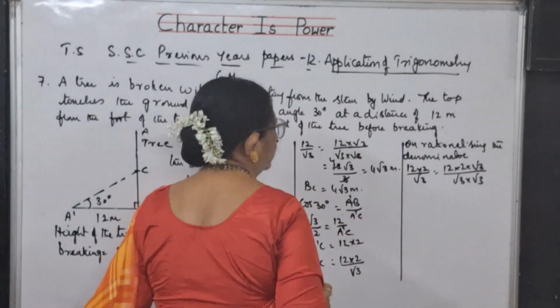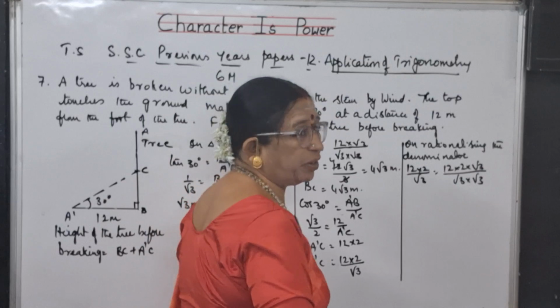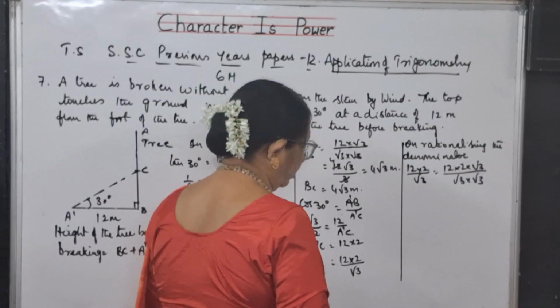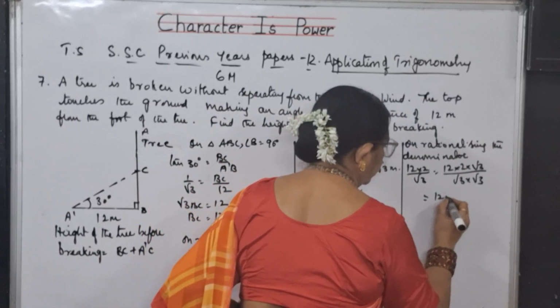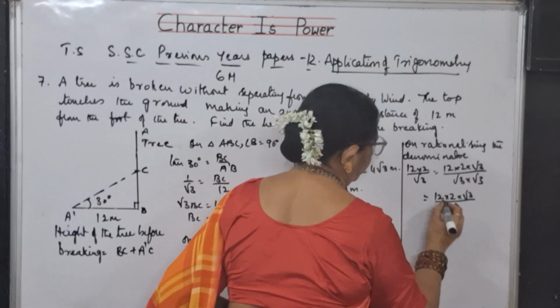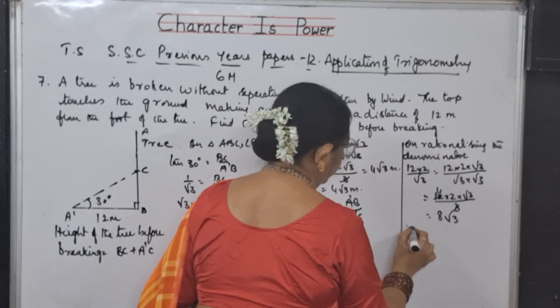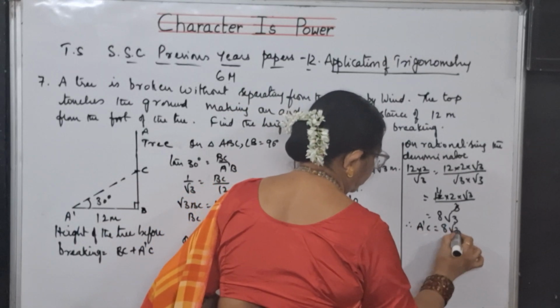I can take it as 24, but if you do like this, it is a very simple way to solve. That is why I have not multiplied and made it a big number. So this can be written as 12 into 2 into root 3 by 3. 3 ones are 3, 3 fours are 12, 4 twos are 8 root 3. So A dash C is 8 root 3.